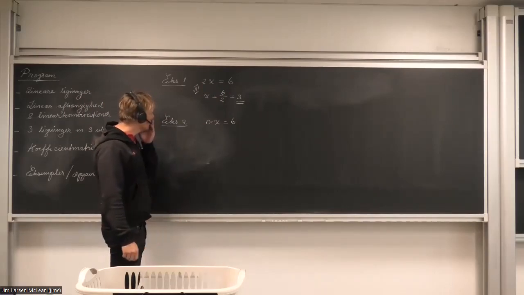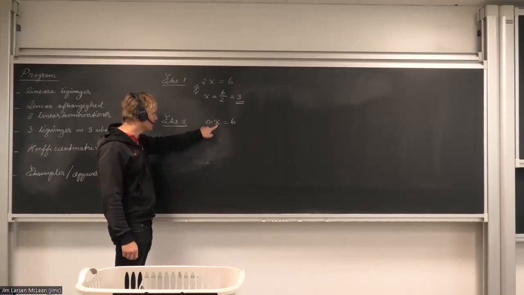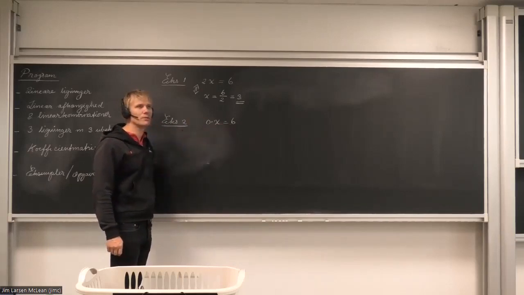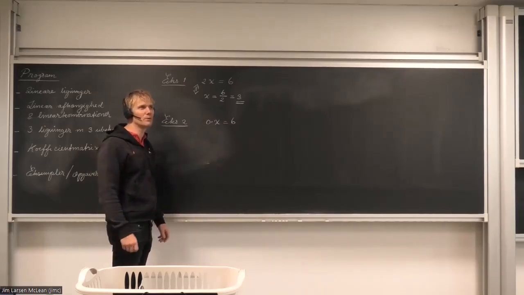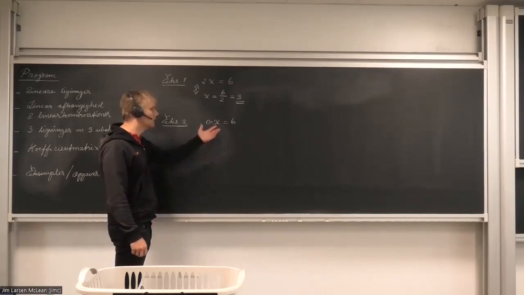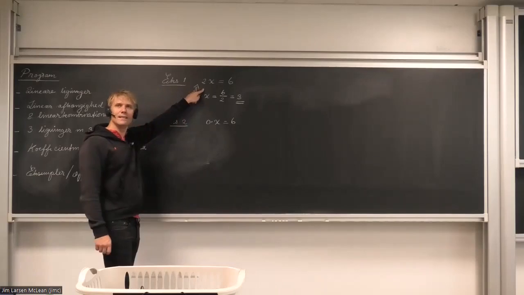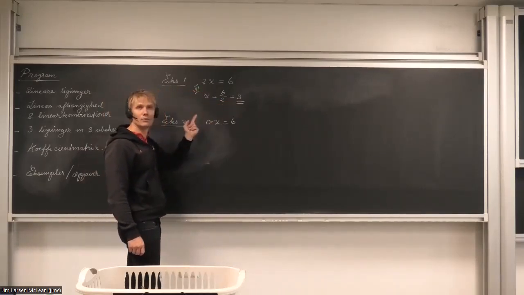And if you think about it, that equation will have no solution, because no matter what number I insert in place of x, when I multiply by 0, it gives 0. So the hope that it would result in 6 completely vanishes. That hope evaporates into thin air. There is no solution. So what we saw earlier is that a linear equation can have exactly one solution, but there's also the possibility that it has none at all.